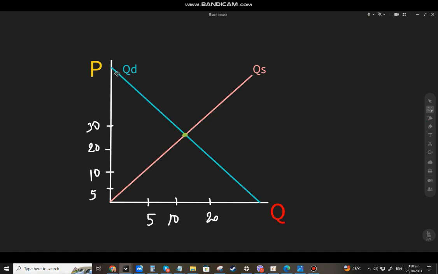And the demand will go up if the price is low. For example, if it's $5, then the demand will be high. And if it's $30, the demand will be a little bit lower, right?